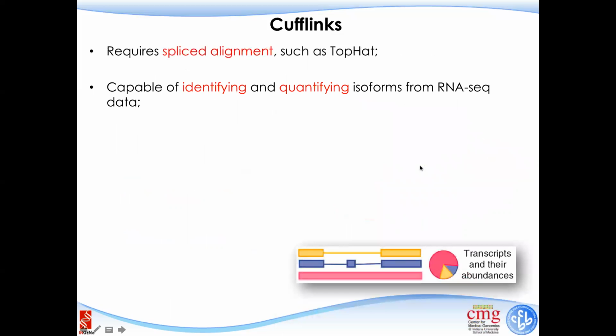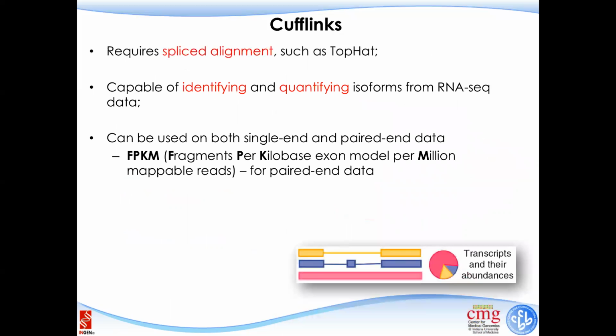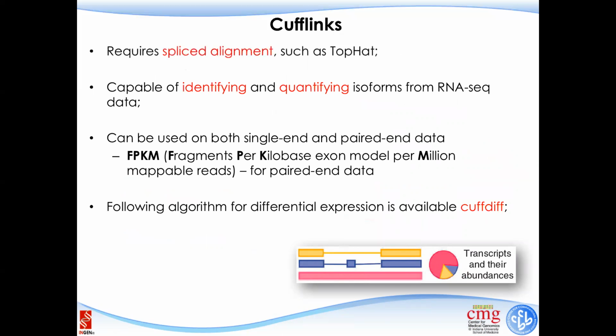Cufflinks has some characteristics. First, it requires spliced alignment as input, such as TopHat. It is also capable of identifying and quantifying isoforms for RNA-seq data, and can be used on both single-end and paired-end data, with some adjustments.